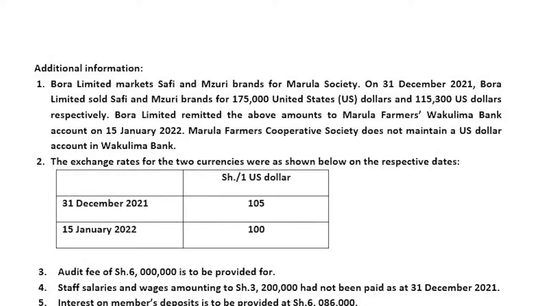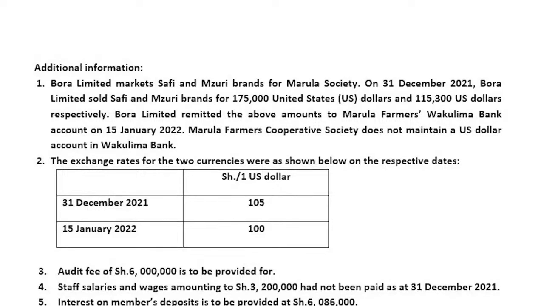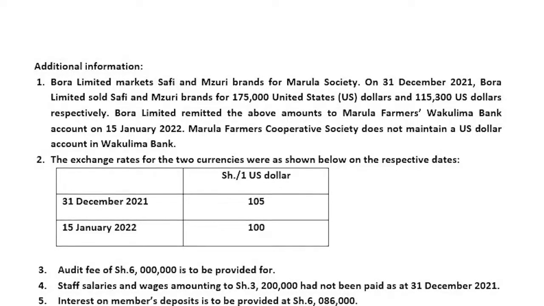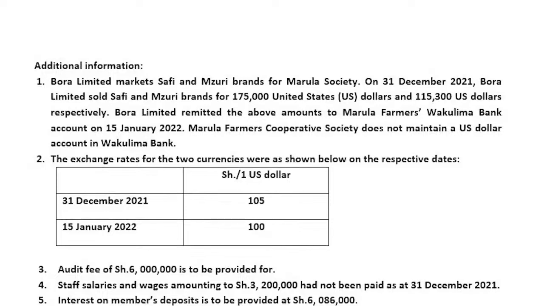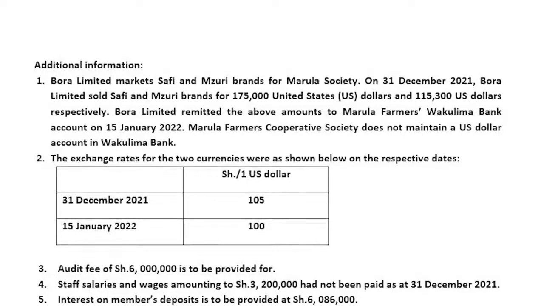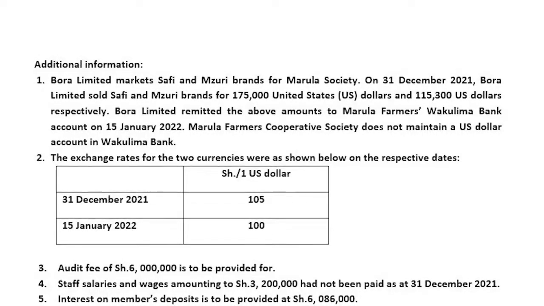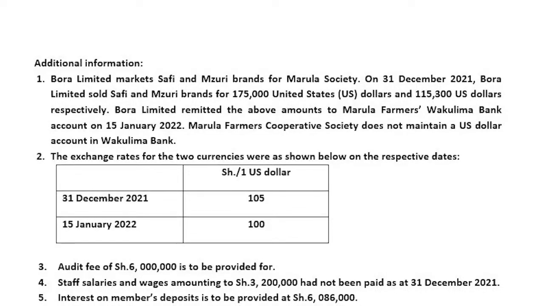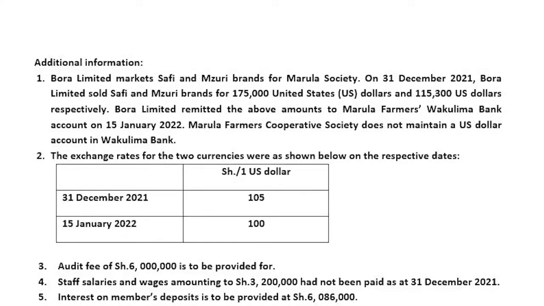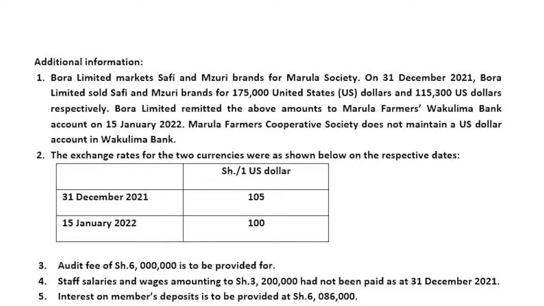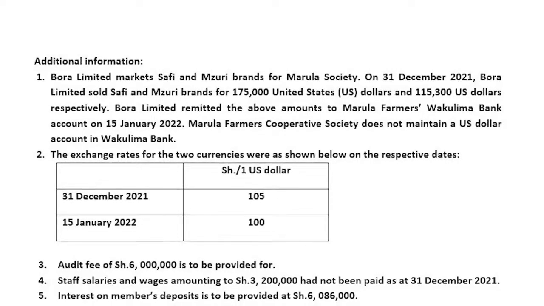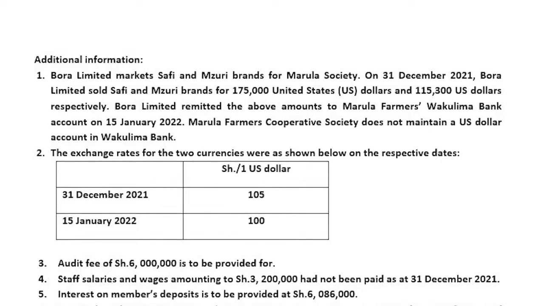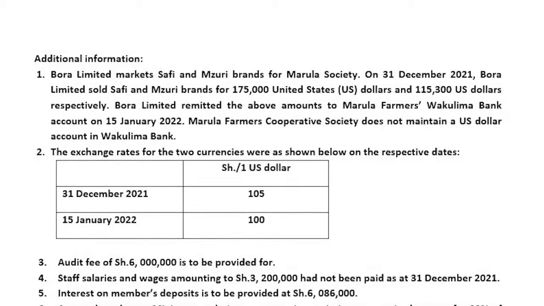So once KTDA sells tea, it remits the money to the bank account of various tea factories, which will then be able to pay their farmers. The same case with this particular Bora Limited, an agency of Marura cooperative society. It markets and does what? Sells those 2 coffee brands on behalf of that cooperative society. So therefore, once it sells, definitely it remits the money to the bank account of the cooperative society.